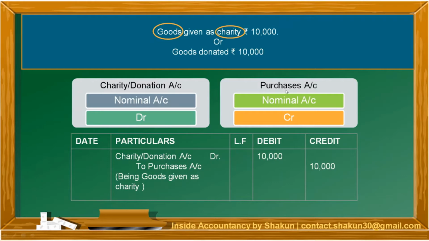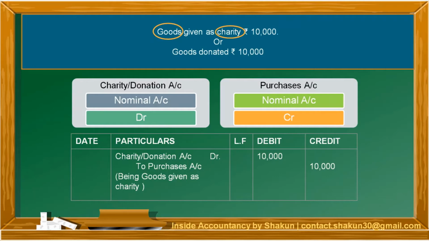Now normally purchase always has a DR balance, but there are few instances, 4-5 cases when purchase account is credited. Here the purchase account is credited because goods are going out and it is not sales. We are not earning anything out of it. When the goods are given as charity, they are given on cost price, not on the selling price. So on that logic, purchase account is credited.